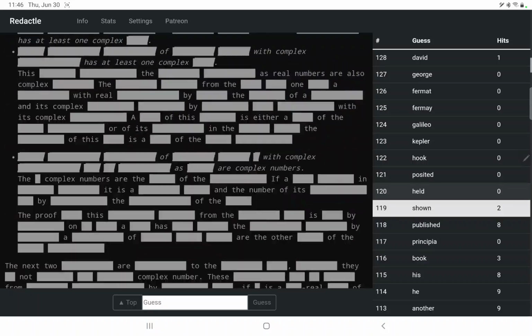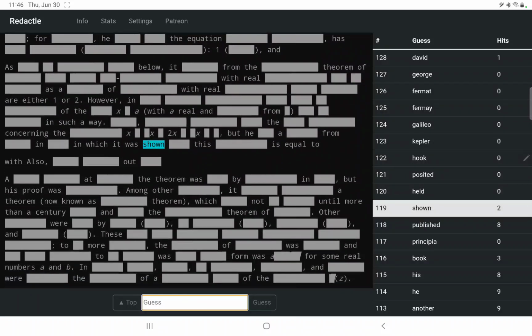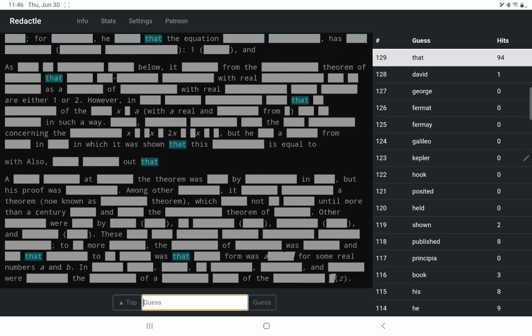So let's go back, in which it was shown that, can't believe I haven't done that yet, that this something is equal to, and that's where the article seems to get corrupted somehow. How about previous?